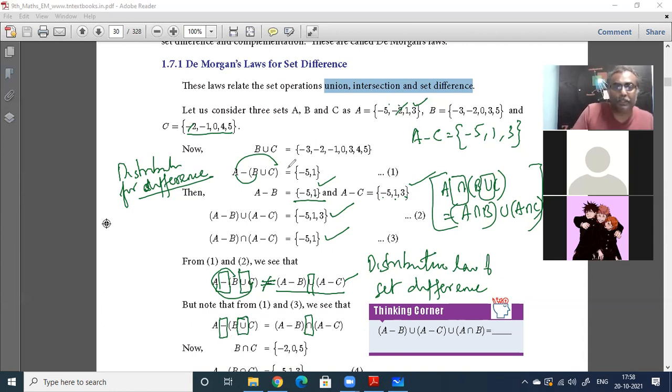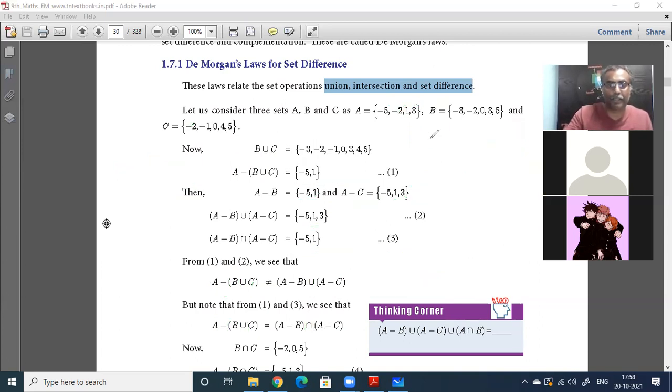A minus (B union C) is what? This one: minus 5, 1. Then (A minus B) intersection (A minus C) is what? Again minus 5, 1. So these two are equal. Therefore, A minus (B union C) is equal to (A minus B) intersection (A minus C), not union (A minus C). A very important finding.